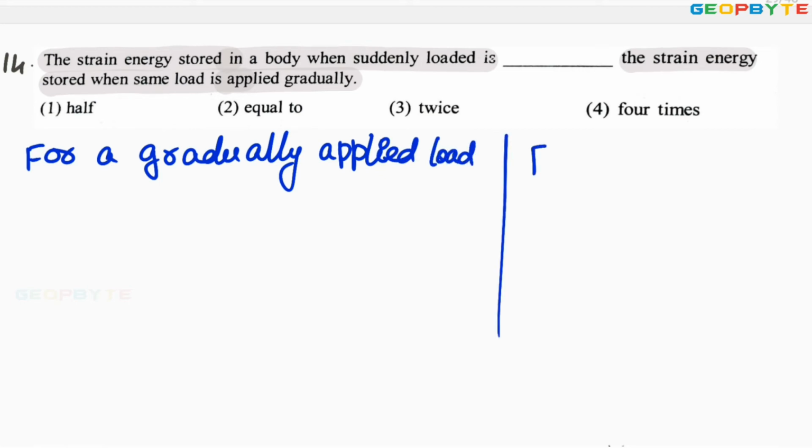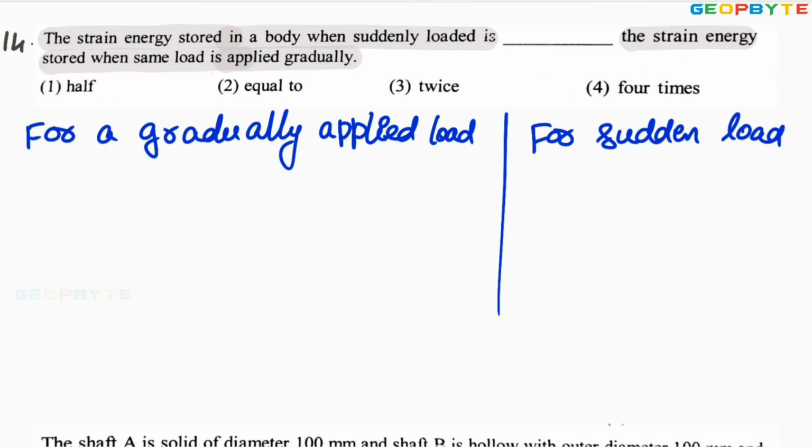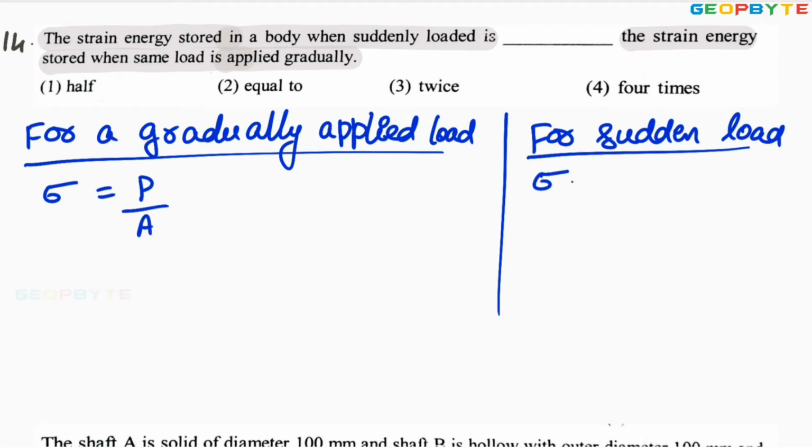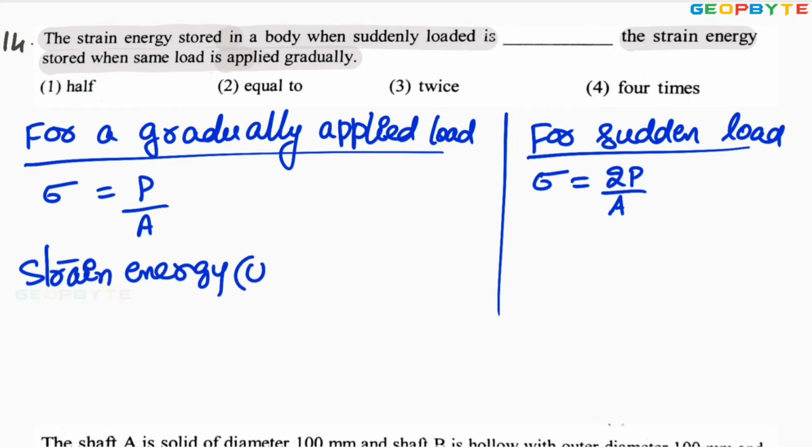the second case for suddenly applied load or for sudden load because space is insufficient. For a gradually applied load, stress sigma equal to P by A. For suddenly applied load, stress sigma equal to 2P by A. Then strain energy U equal to sigma square by 2E into AL.